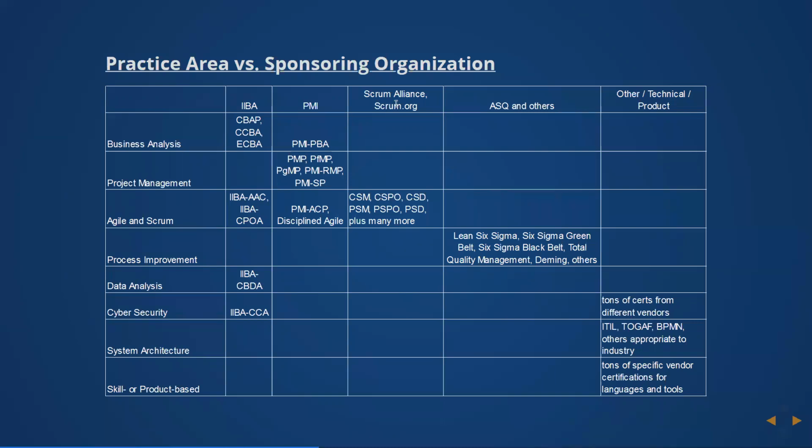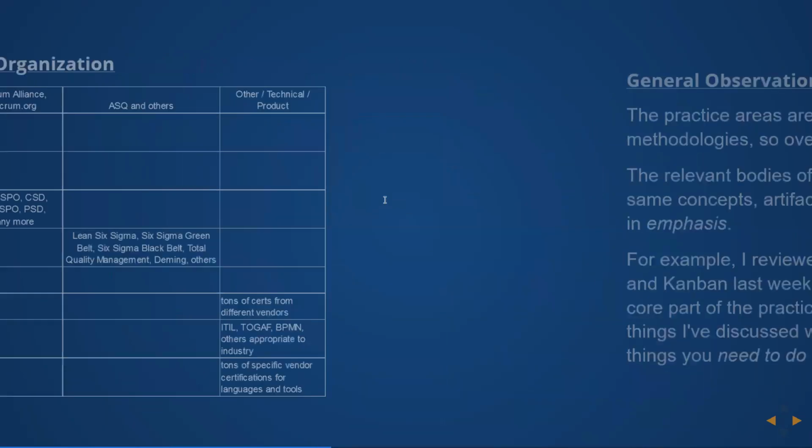Again, the two big Scrum organizations are the Scrum Alliance and Scrum.org, and there are a zillion different certs in that area. I'll revisit that shortly.